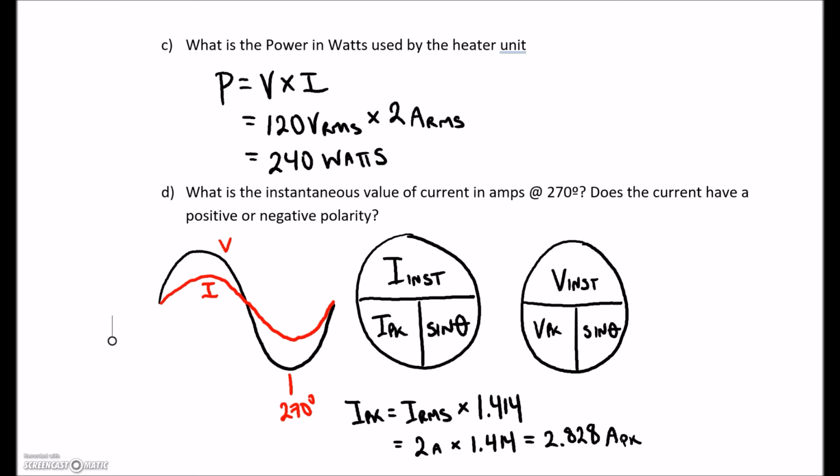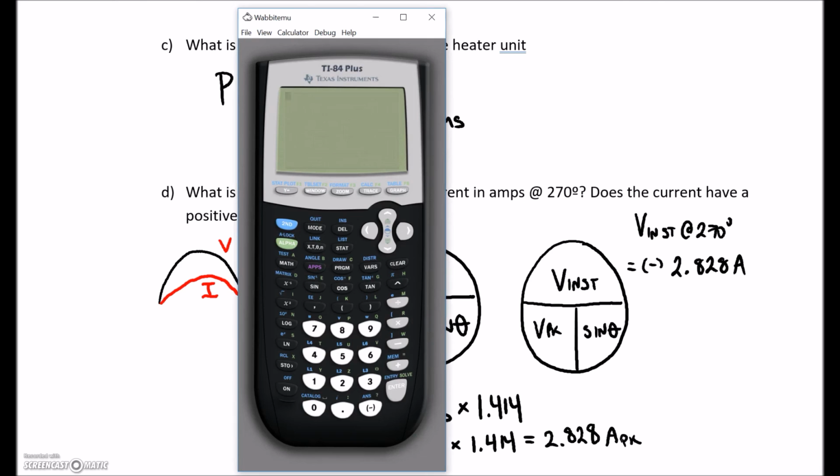So we know that our instantaneous value at 270 degrees is going to be 2.828 amps, and not only that, it's going to be negative 2.828 amps. Let's find that by punching it into this equation. Instantaneous is supposed to be our peak times the sine of the angle.